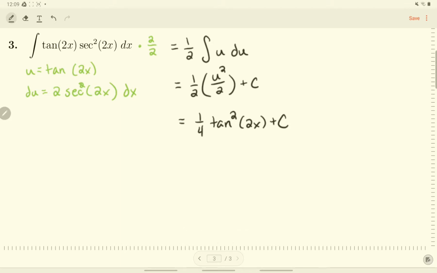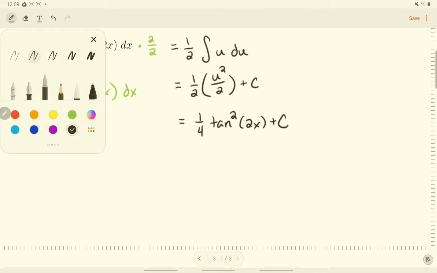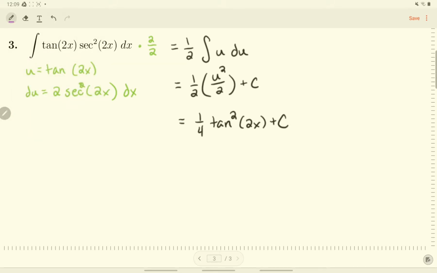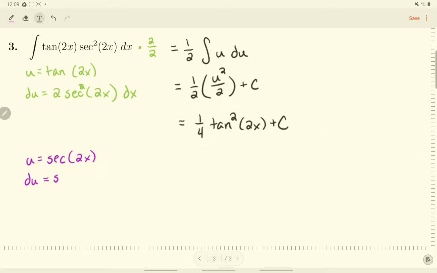So this is the way most people will go about this with u and du, but technically there's another u that works. I want to show you that. If I let u be secant 2x, then du is 2 secant 2x tangent 2x dx.